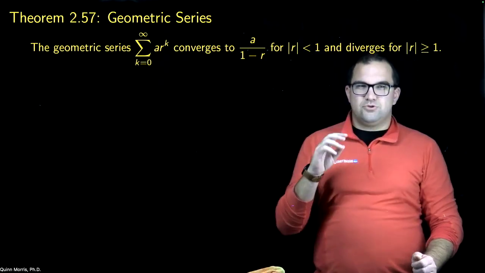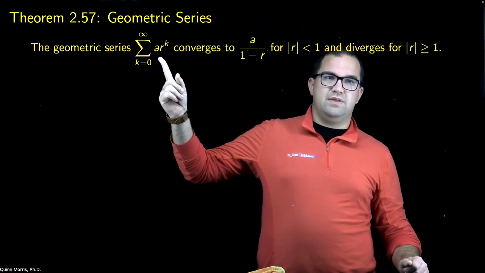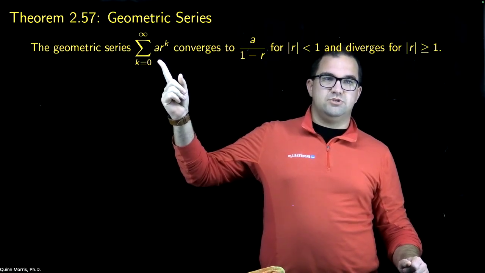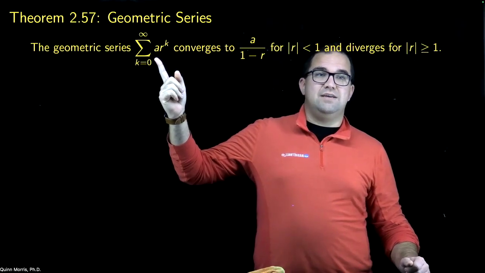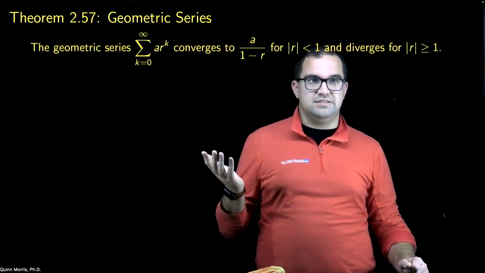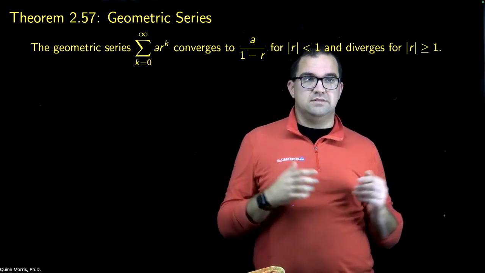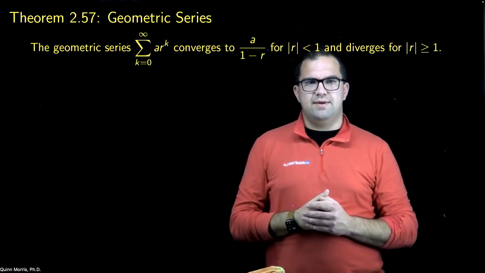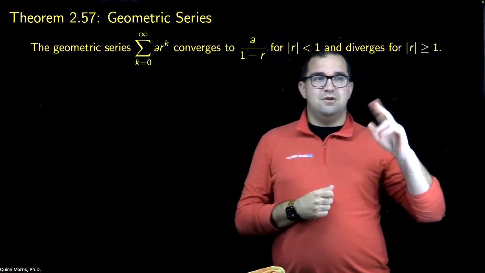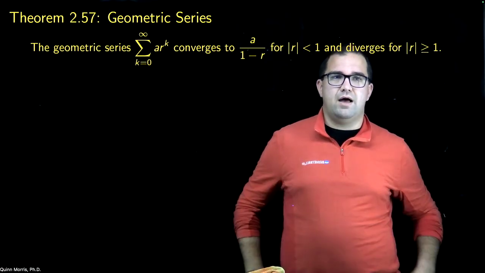Now, there is sort of a hidden technicality in here, which is that if we're talking about a geometric series, we should assume this a is not 0. If you assume this a is 0, then you just get the constant series 0, which of course converges to 0 irrespective of what r is. If a is equal to 0, we wouldn't consider this a geometric series anyway, because the ratio of the common terms would be 0 over 0, which is of course undefined.